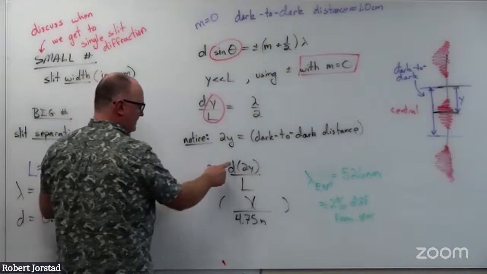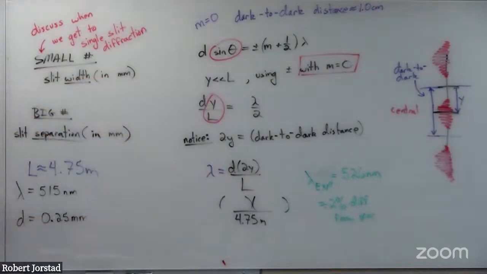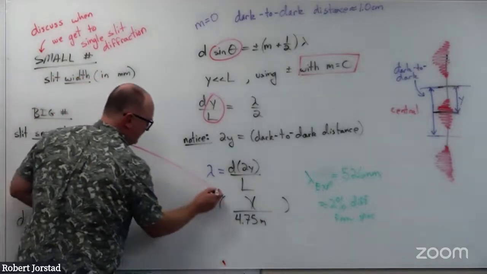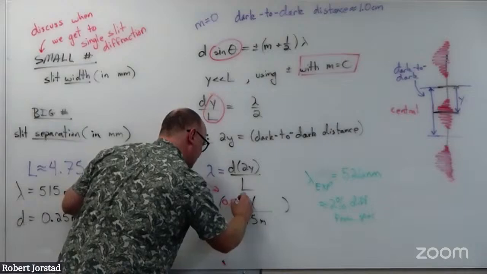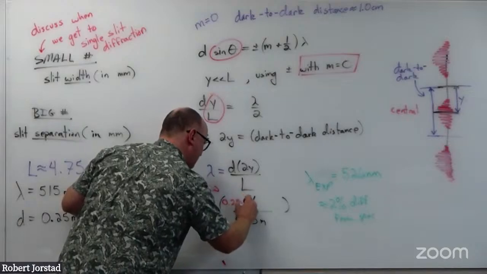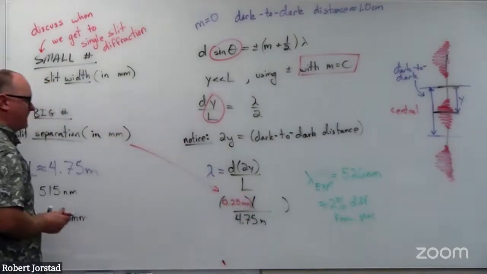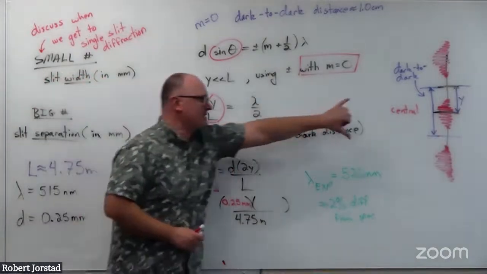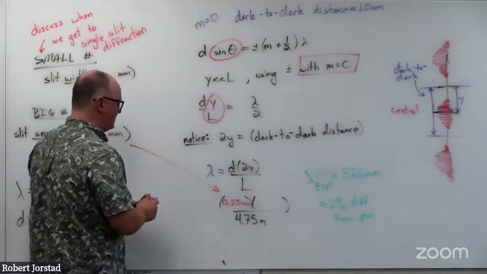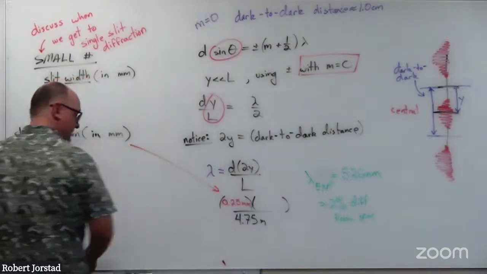What was it? The diameter, the slit separation, was, what did we say? 0.25 millimeters. 2y, the adjacent dark to dark, was, what was that? That was 1 centimeter.